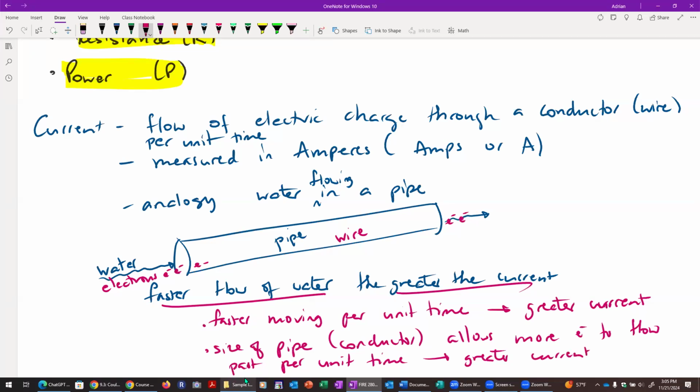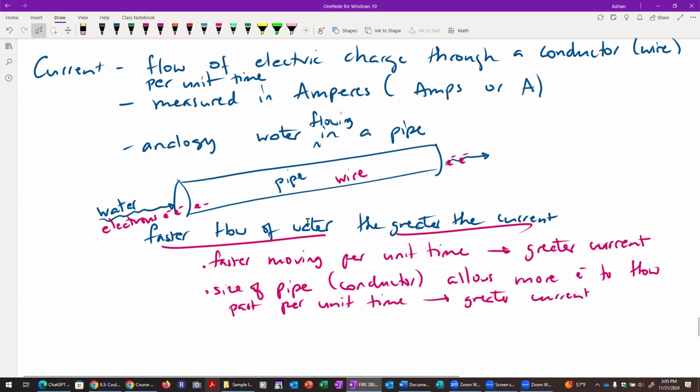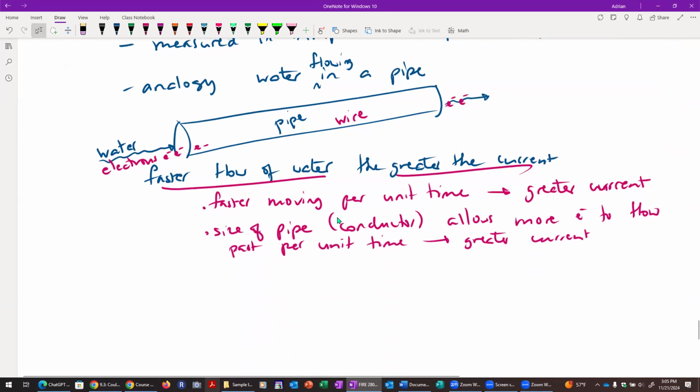When we talk about the flow of electric charge, which is due to the electrons, through a conductor per unit time, we can define what's known as the ampere. One amp is defined as 1 coulomb of charge passing through a measuring point per second.